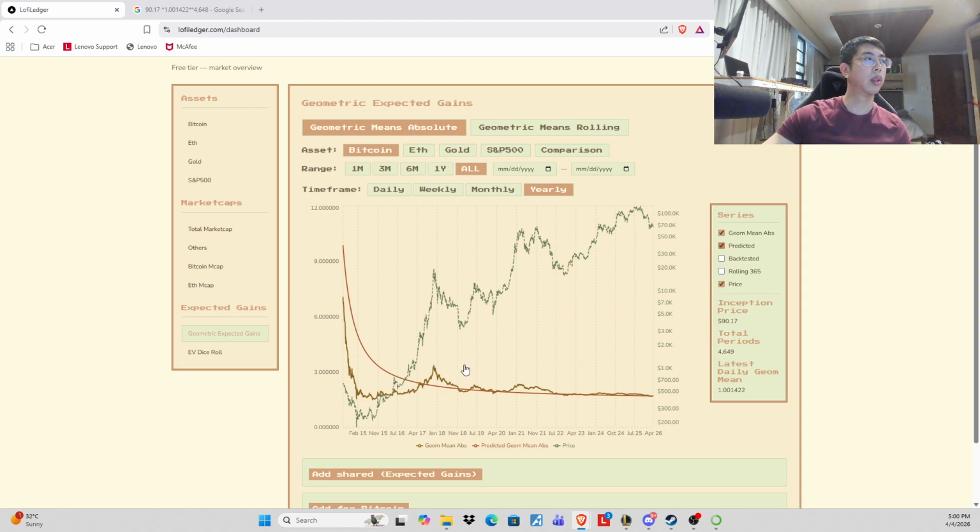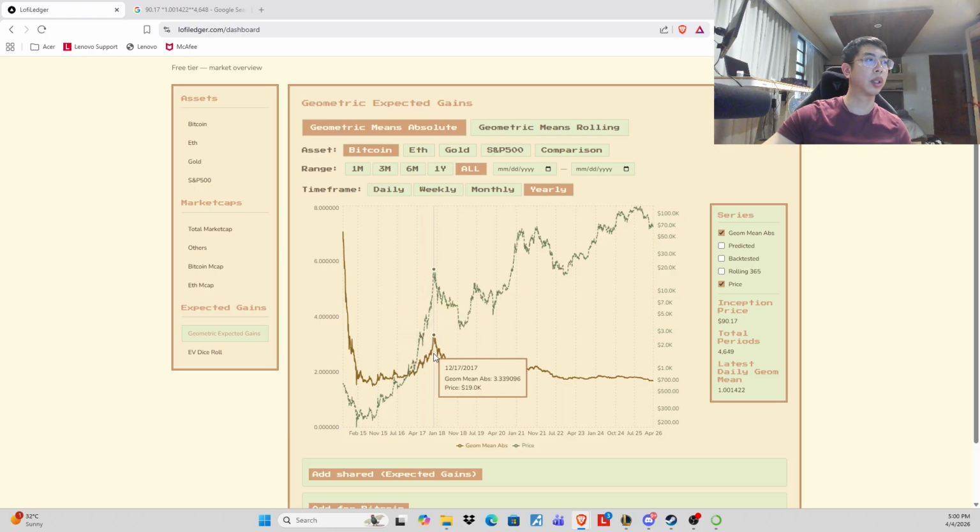If you look at this, it shows you that at the start, the daily compounding interest rate was really high. It was almost 3x per year because we're in the yearly view. So here, Bitcoin was doing almost 3x per year. Whereas now, it's only doing 68% per year, right?